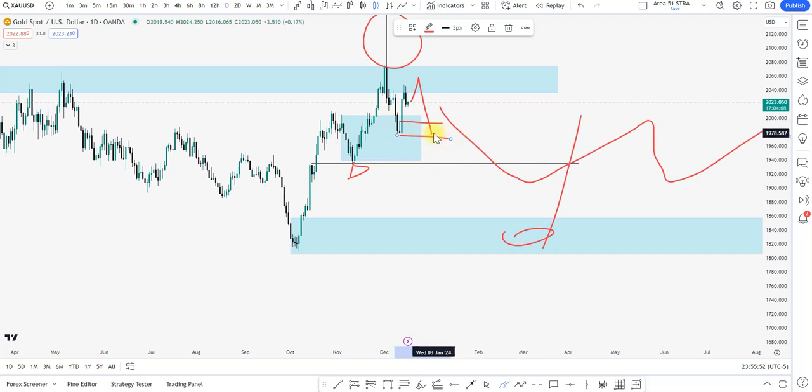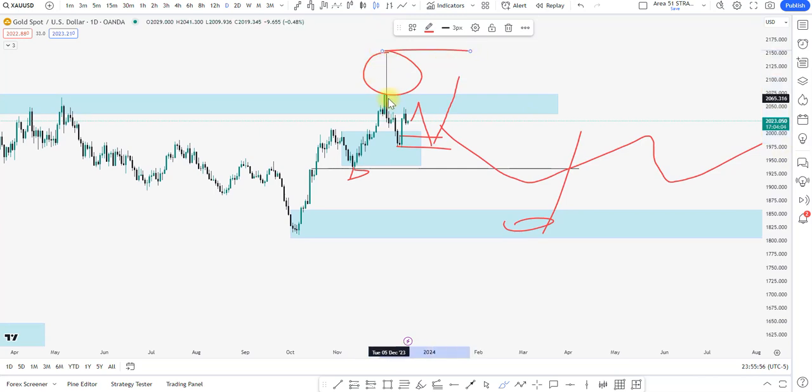mitigate around this area, and then continue to the upside, fill this entire gap, and then continue to the downside, create some type of inducement all the way right here, and then reverse to the upside.